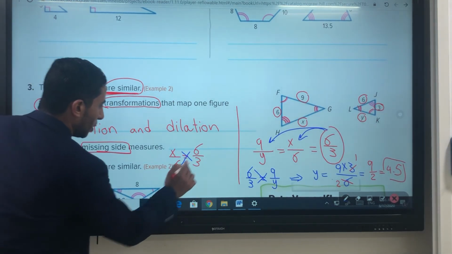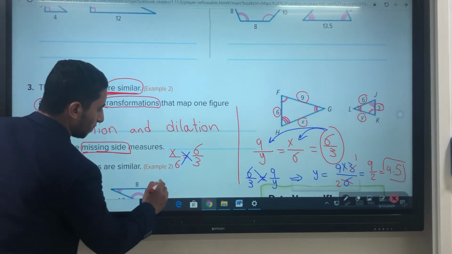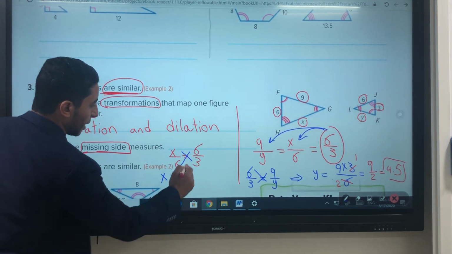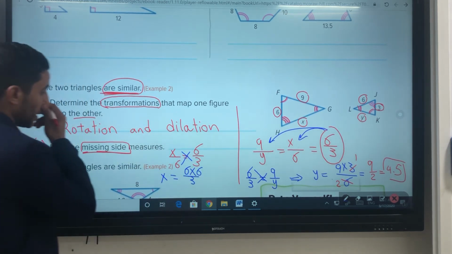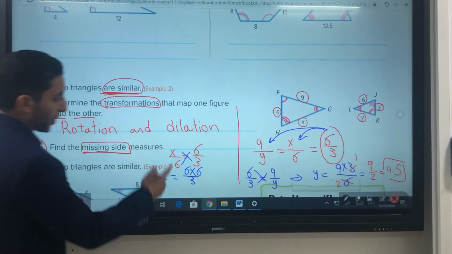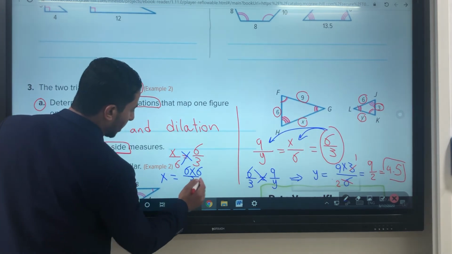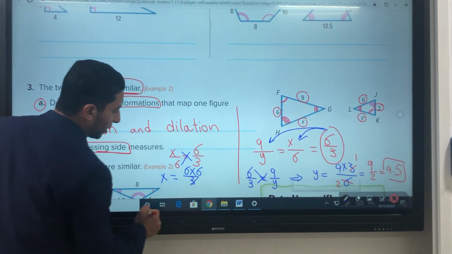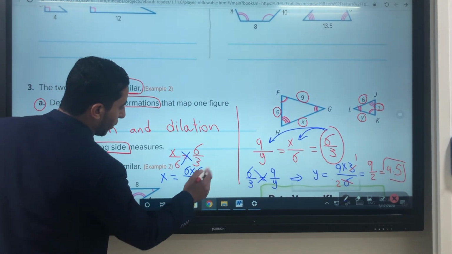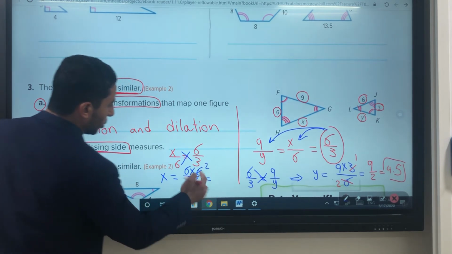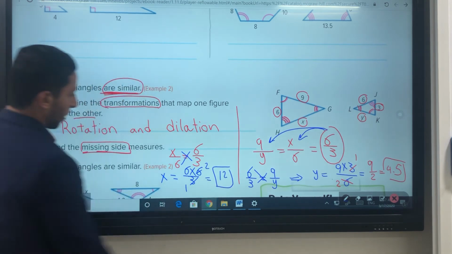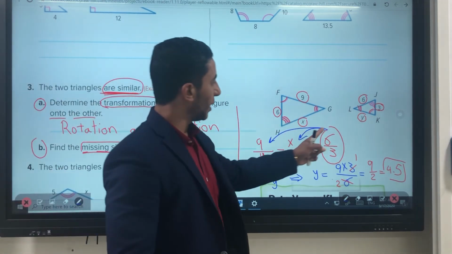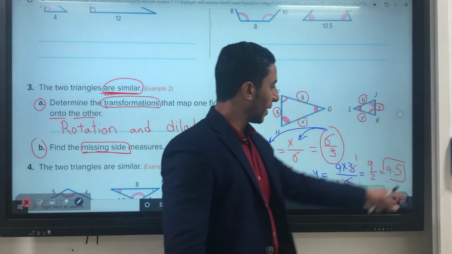Okay, so x equals 6 times 6 over 3. 6 times 6, or we can divide by 3 up and down. So it gives us here 3 divided by 3 equals 1, 6 divided by 3 equals 2. So 2 times 6 equals 12. So x here is 12 and y here is 4.5.